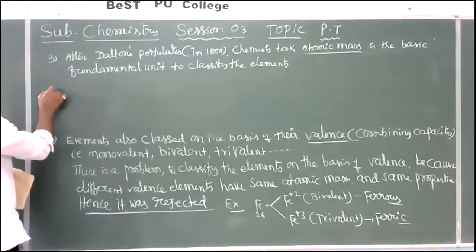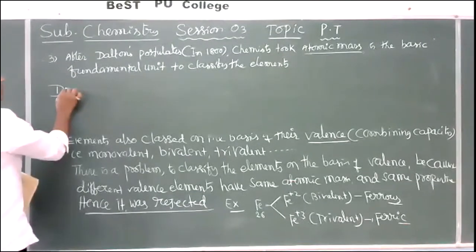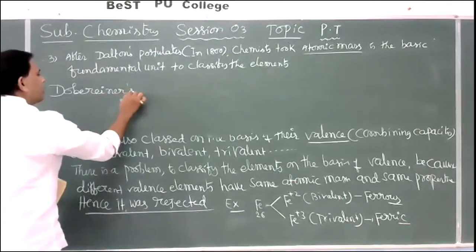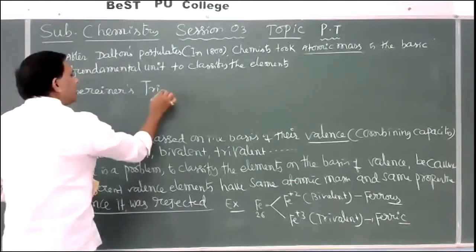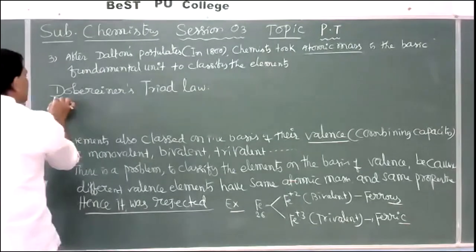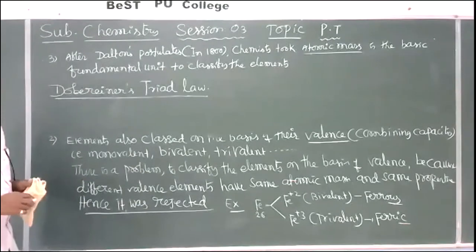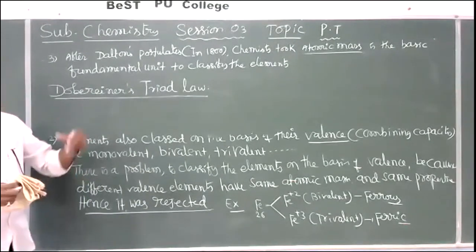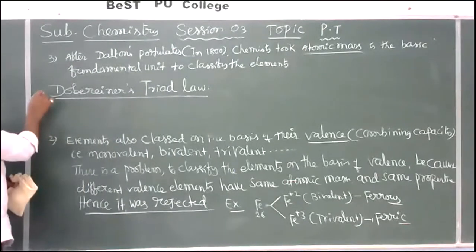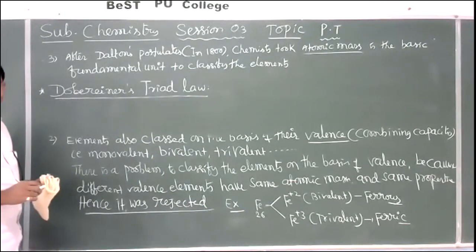Before that, your first important law is Dobereiner's triad law. This is very important. It was the initial basic idea given by Dobereiner to classify the elements after the valency and the metals and non-metals concepts. You already studied this concept in 10th standard, Dobereiner's triads.